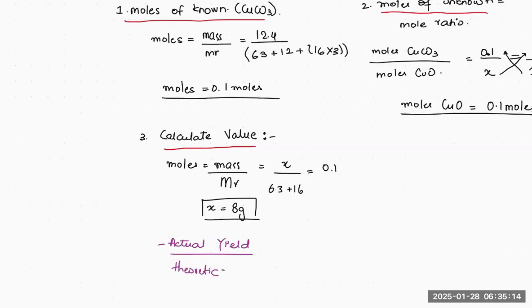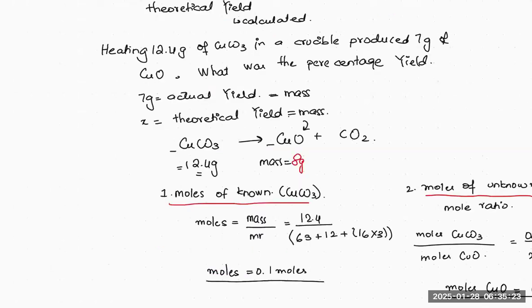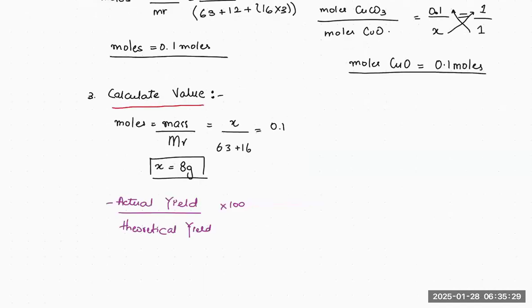The actual yield that we had gotten was 7 grams. So actual yield is 7. Theoretical yield, the yield that we calculated, is 8 grams. But we didn't get 8 grams when we did the experiment. We got 7 grams, and multiplied by 100.